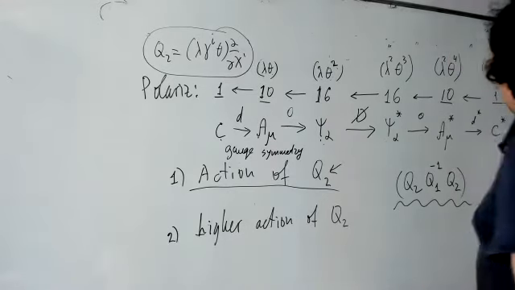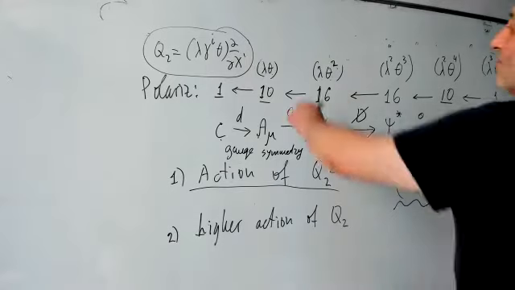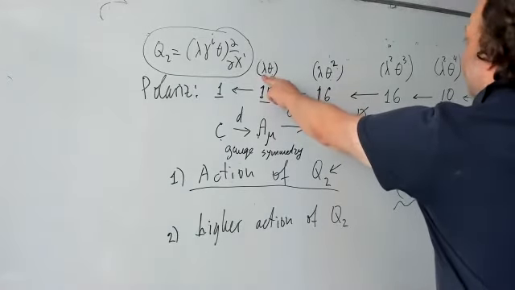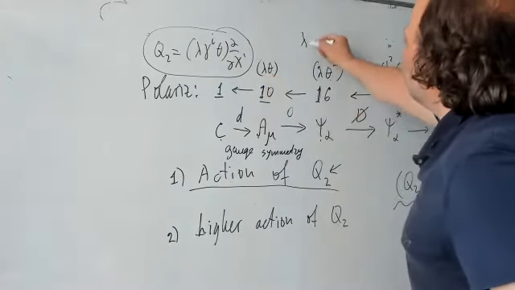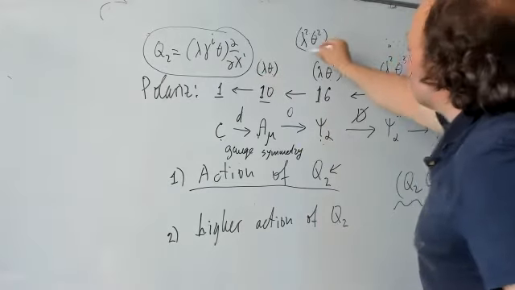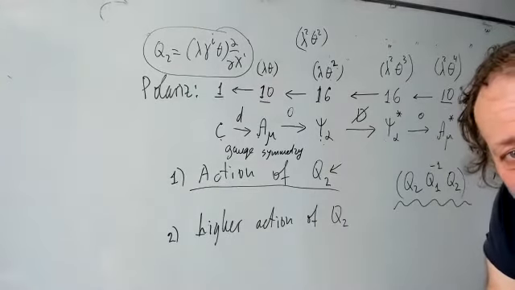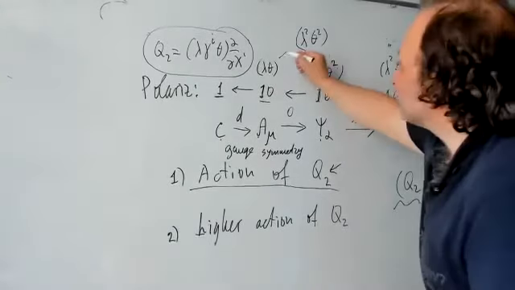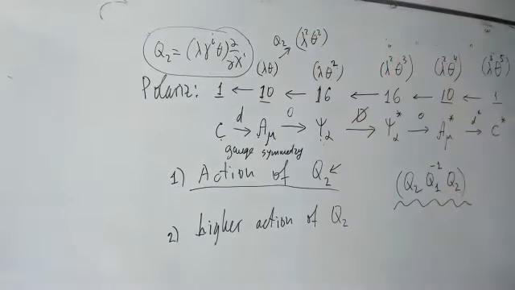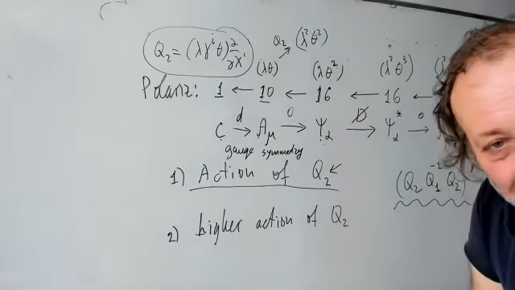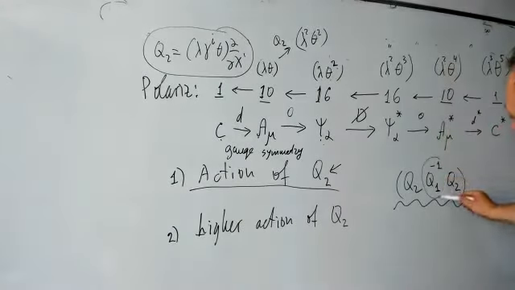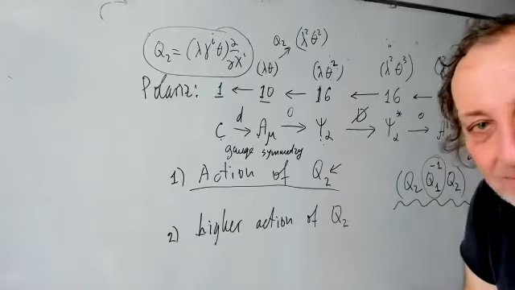So Q2 acting on the lambda theta term brings something that is lambda squared theta squared. It is not in cohomology, but it's good. Because I do not want to get to cohomology. I want to get to something exact. Just to apply Q1.